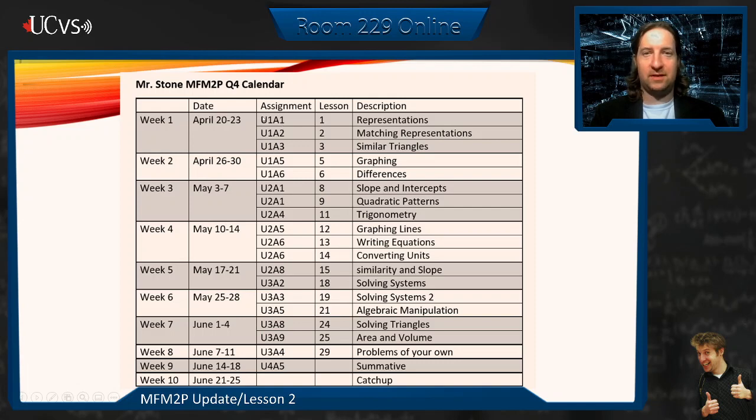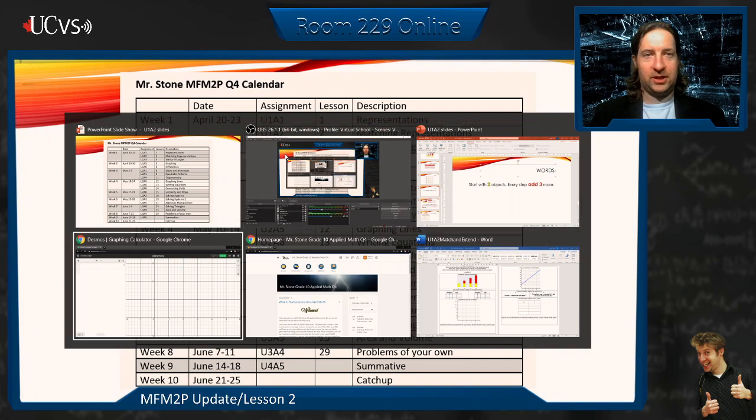I've set the due date for this to be Monday, but it's not actually that much. They're quite simple little assignments, and I'll go over how to get to them and how to hand them in in a second. Today, after this update, I'm going to talk about Unit 1, Assignment 2, so U1A2. Let's go to the D2L site.